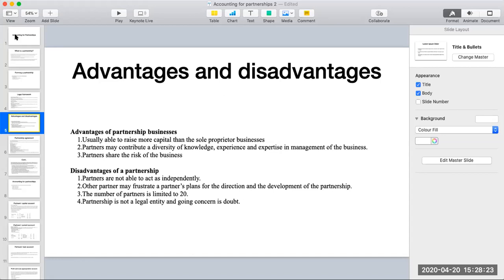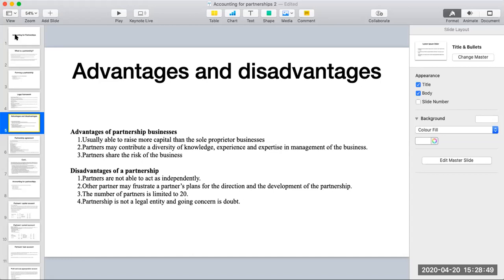And then, since there are a number of partners or owners, different people can contribute in different ways. They might have a diversity of knowledge, experience, and expertise in different areas. So they can make use of this knowledge, experience, and expertise.